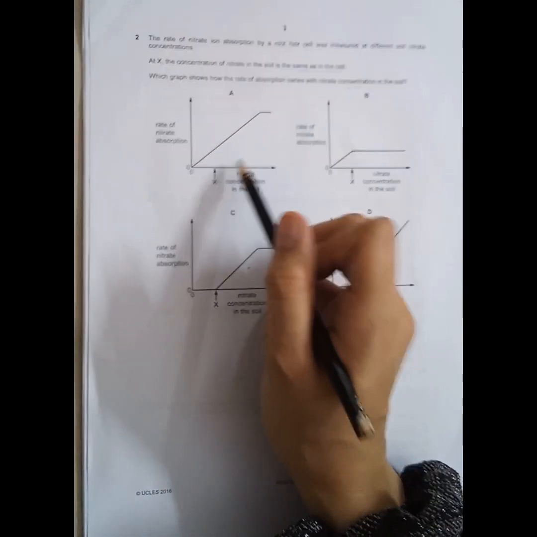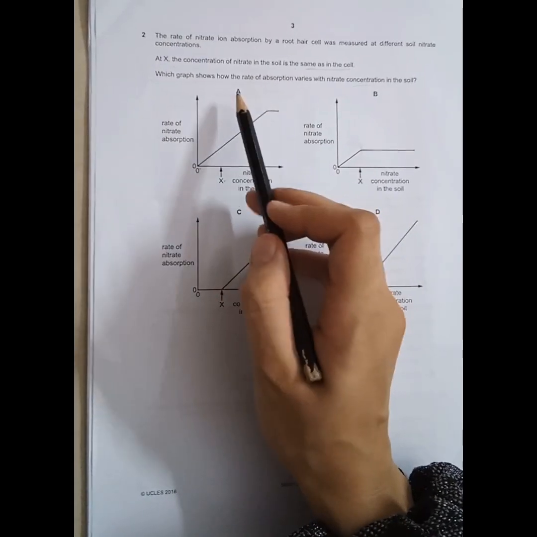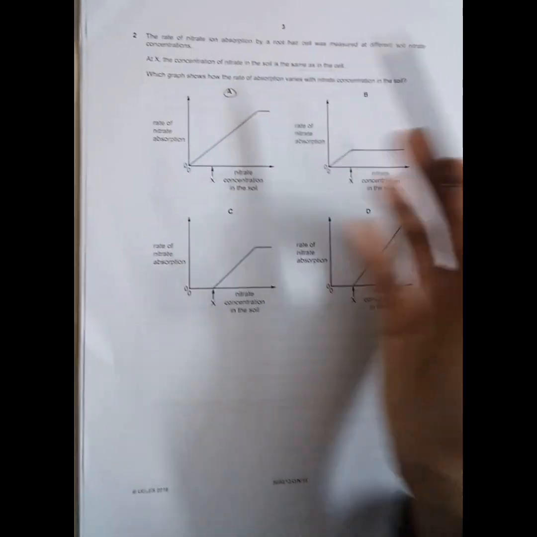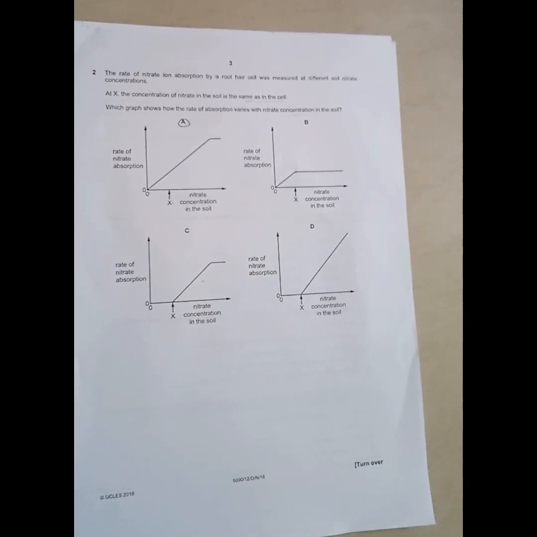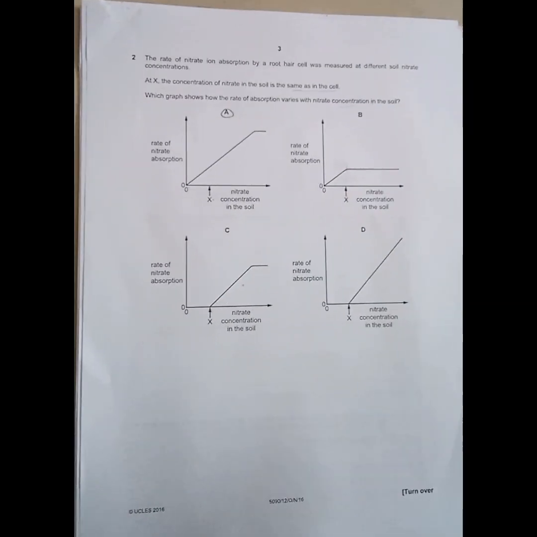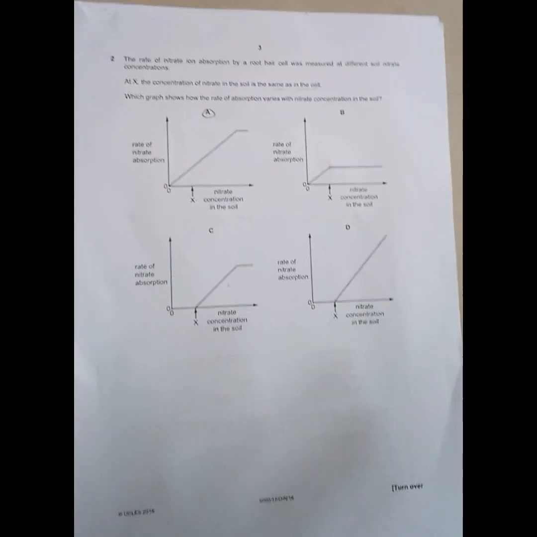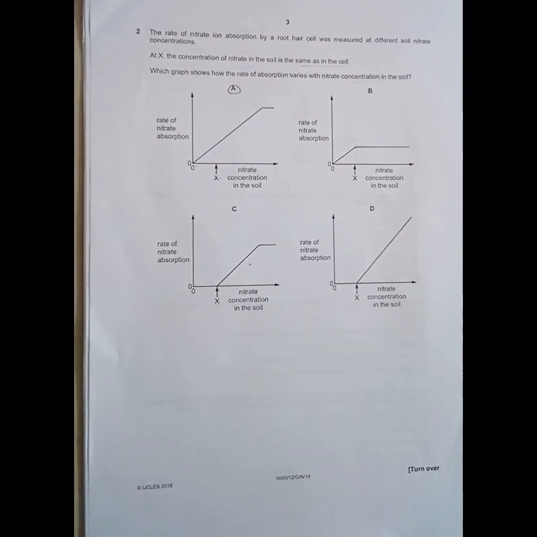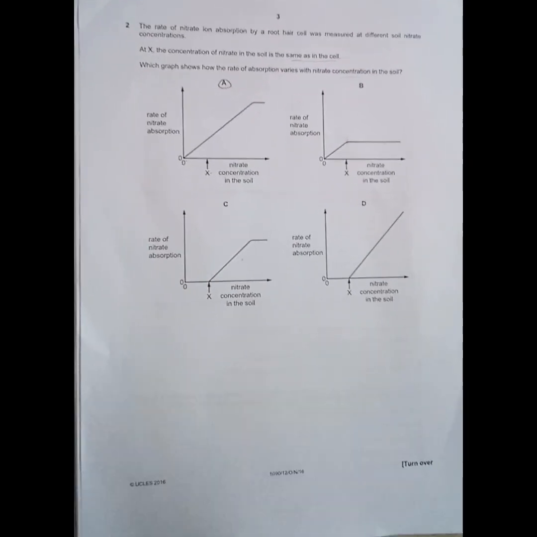So this is the best option for the answer, because as I told you, through active transport the root hair cells take up nitrate ions and magnesium ions, so they don't really care whether the concentration is equal, higher or lower. They just have to keep taking it in, and so this is the answer.